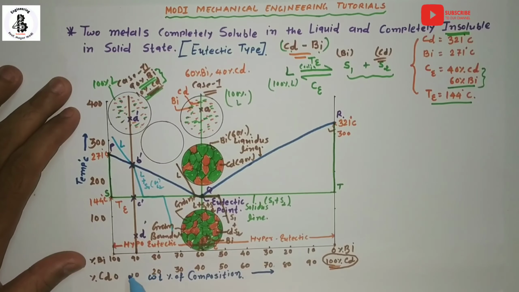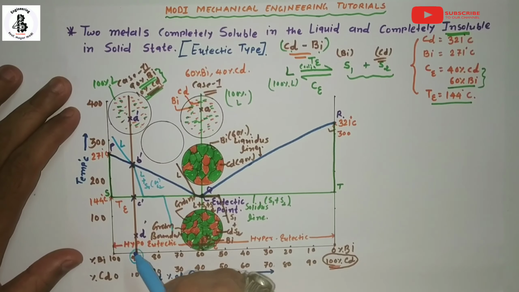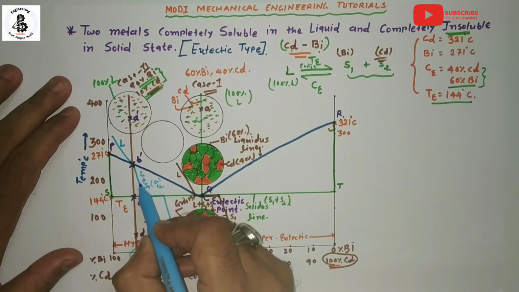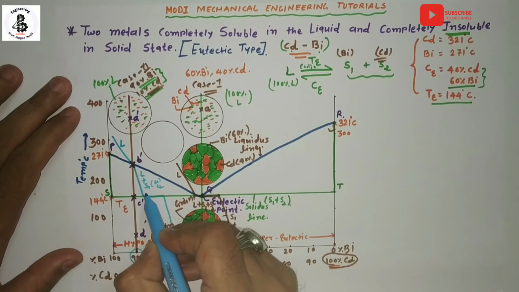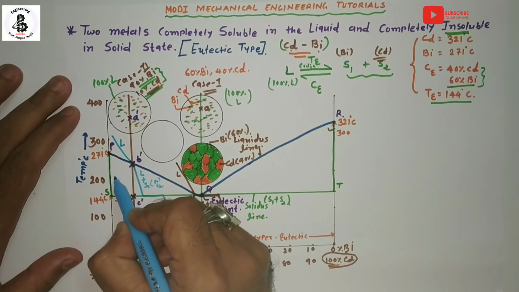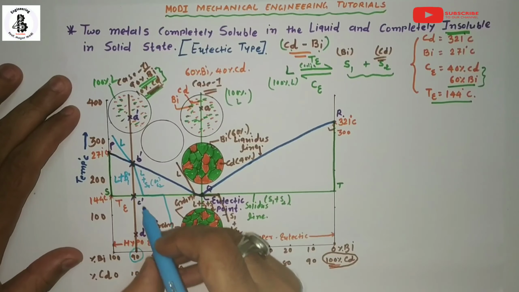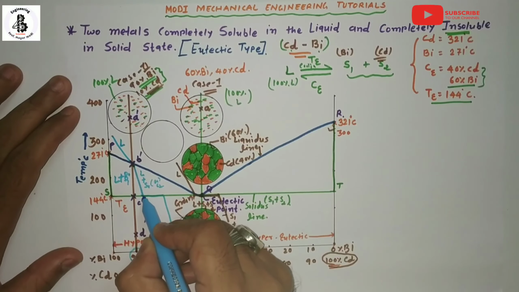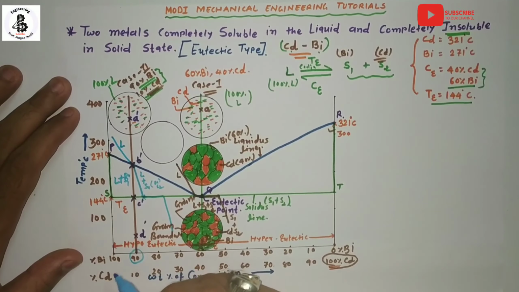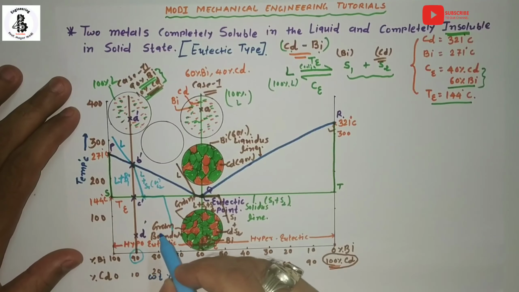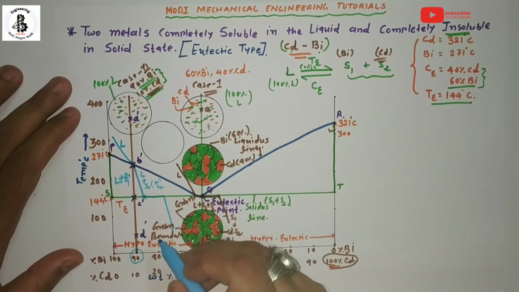From this side, it will be around 90% of bismuth, so here it is liquid plus solid bismuth. Just note down liquid plus bismuth. And once it touches the eutectic temperature line, that means a constant temperature solidification process.